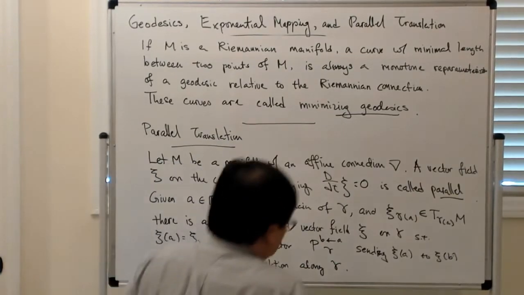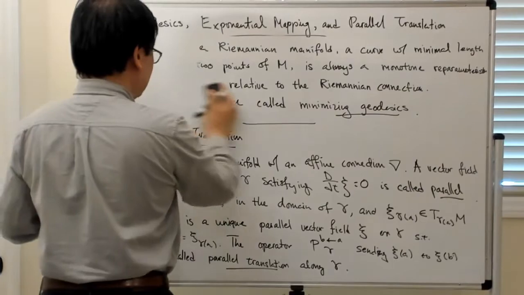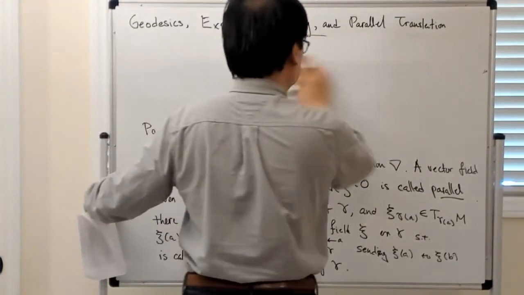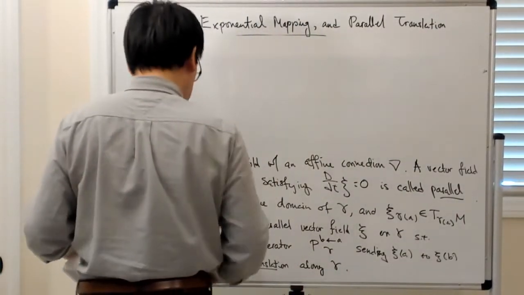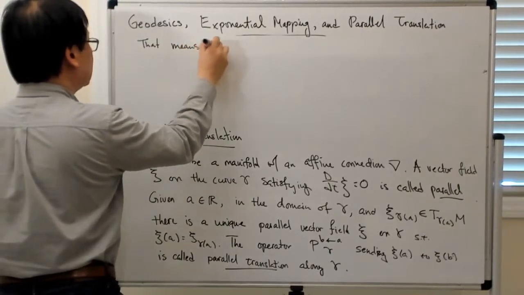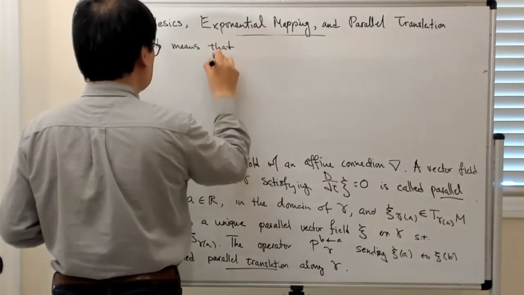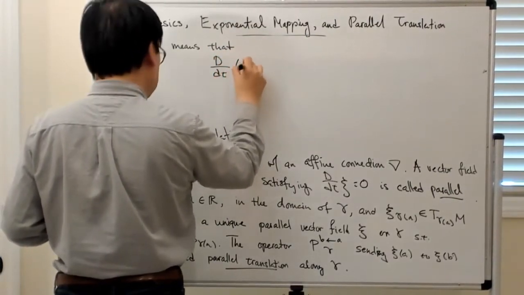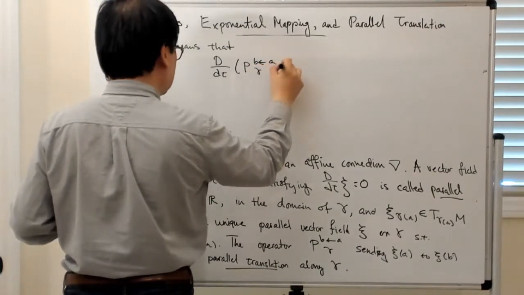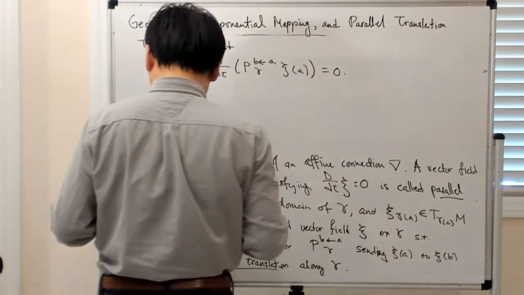So what that means, by definition, is that if you take this derivative, P from B to A of gamma C A, that's equal to 0.